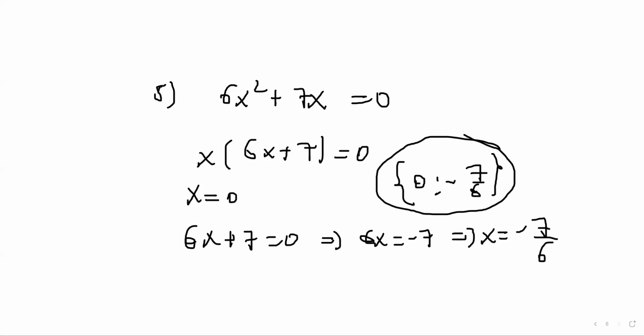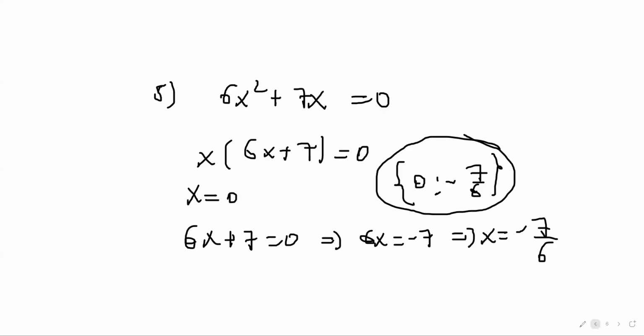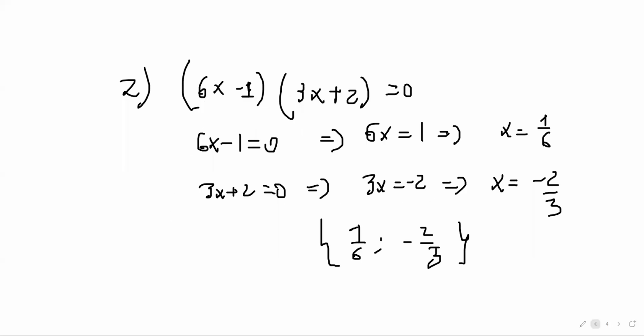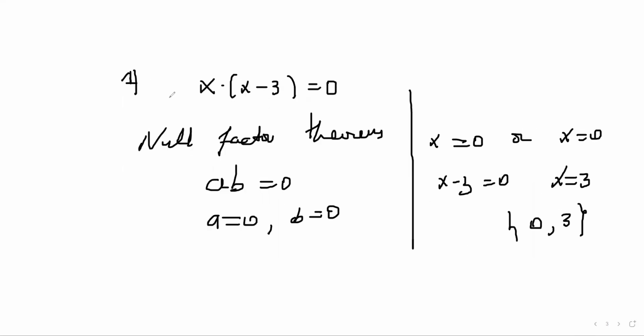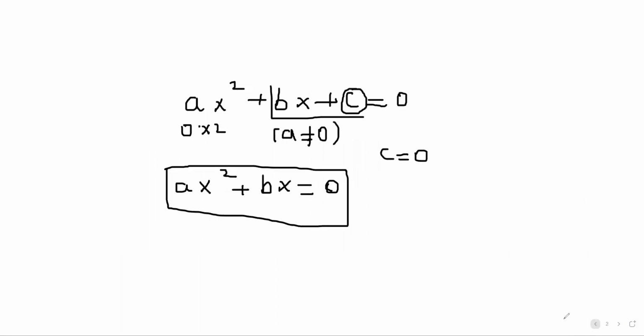So in this video, guys, we have tried to briefly explain the difference between incomplete and complete quadratic equations. We said that quadratic equations are equations which have a square in them, so that we have the second degree here.